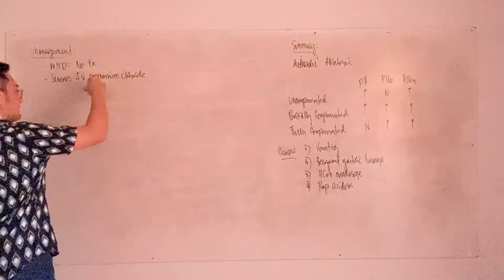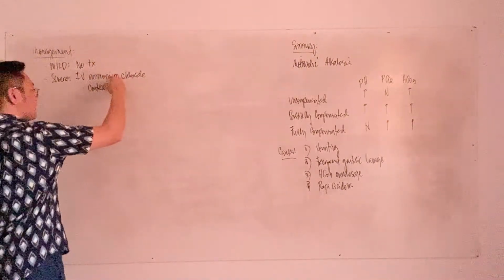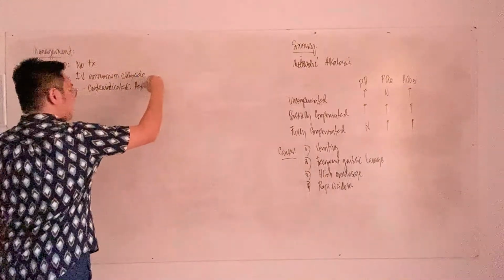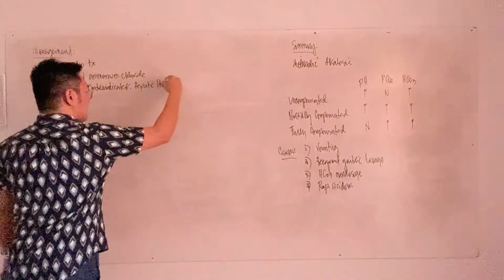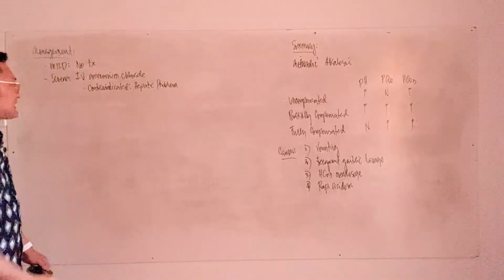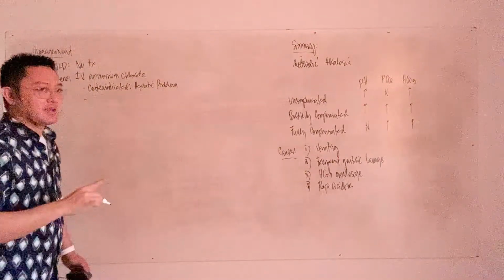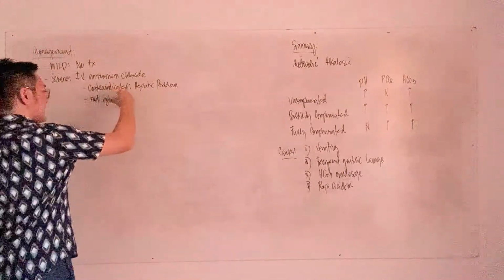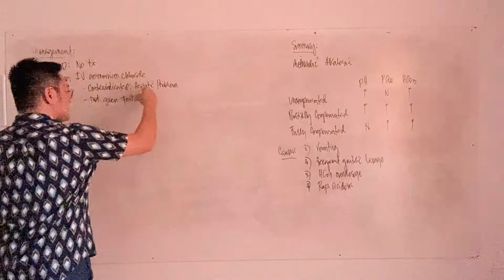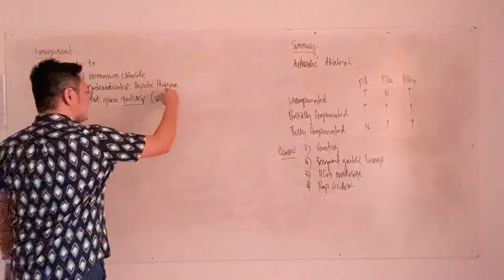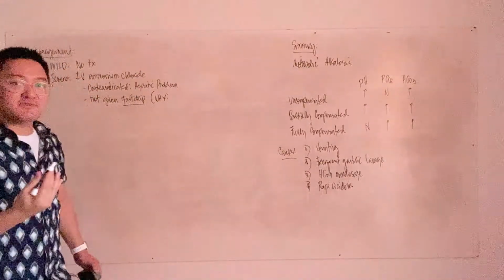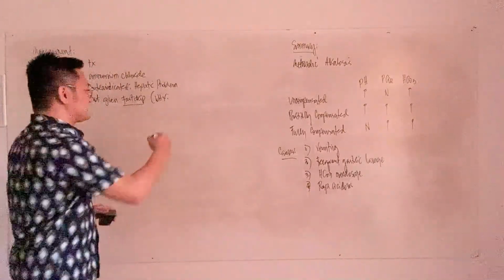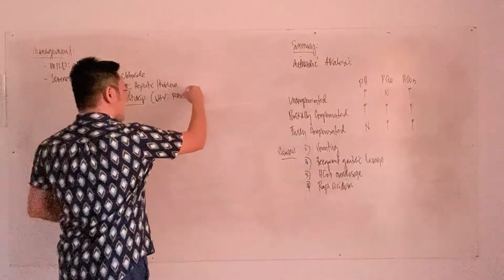Highlight in your examination, IV ammonium chloride is contraindicated to a patient with hepatic problem or liver problem. Next, IV ammonium chloride must not be given fast drip. Question, why? What will happen if you give IV ammonium chloride fast drip? It causes RBC hemolysis.